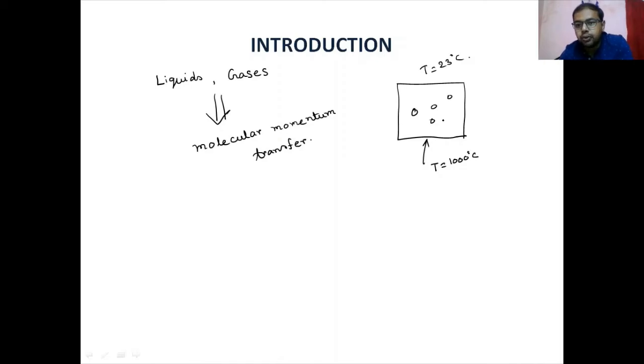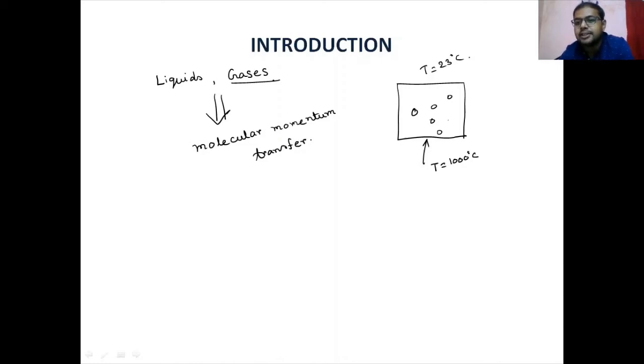What will happen? The molecules here will get excited due to the high amount of energy. So the RMS velocity of these molecules will increase. I am talking only about ideal gases, that's why I am talking about kinetic theory here.